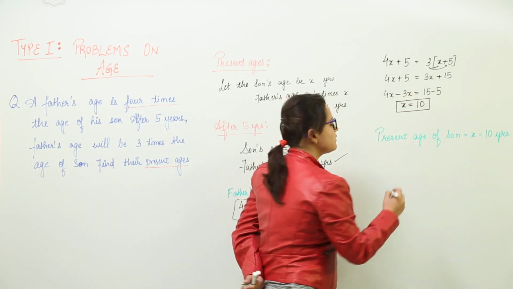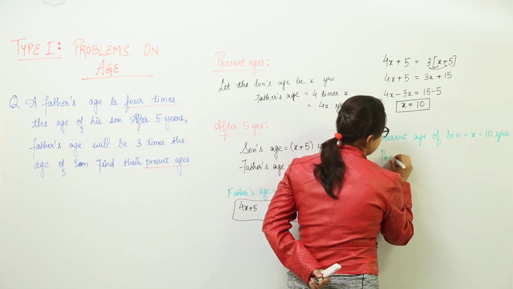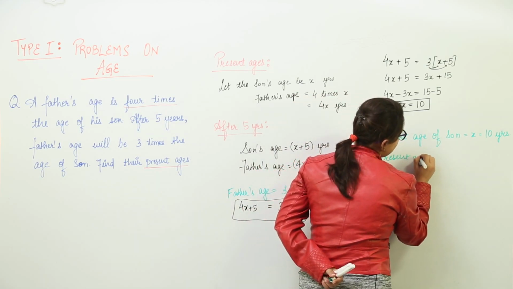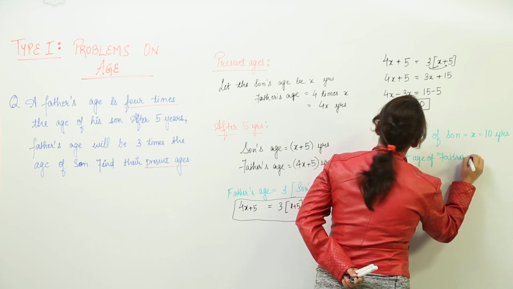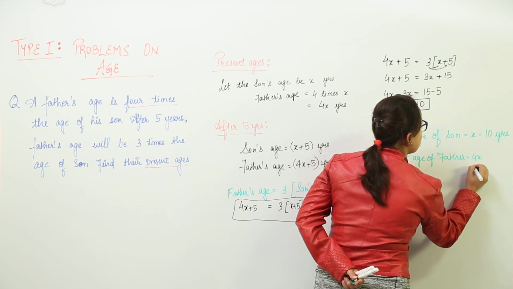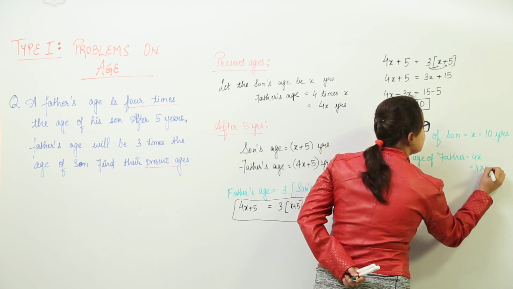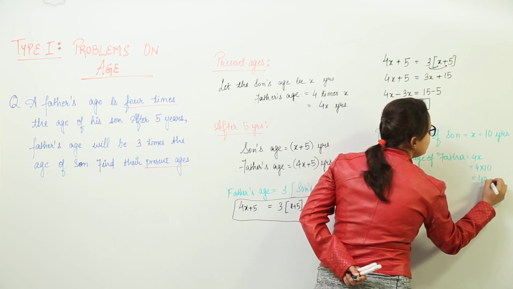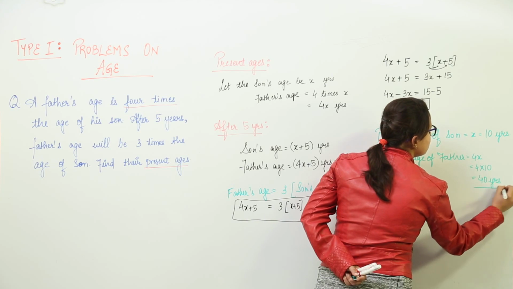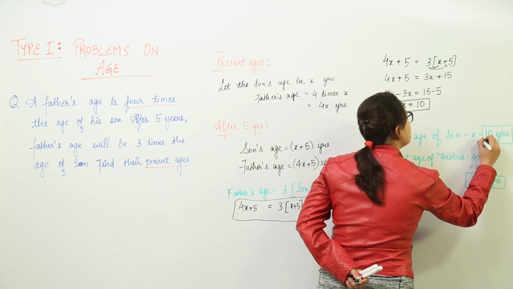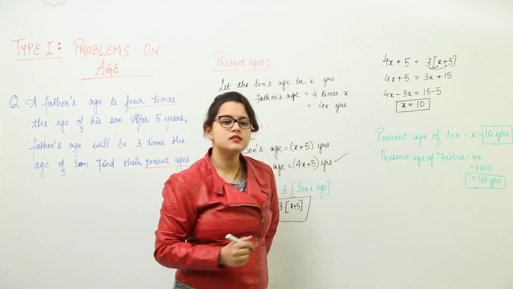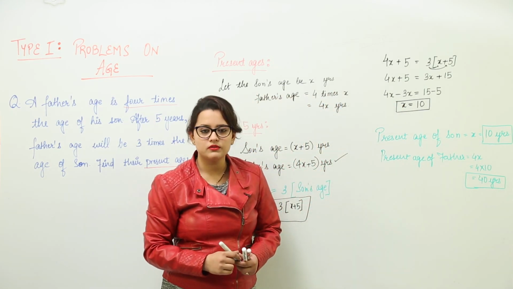What about his father? The present age of the father would be equal to 4x, that means 4 into 10, giving us 40 years. The two values to be found were the son's age and the father's age, and we have found both.